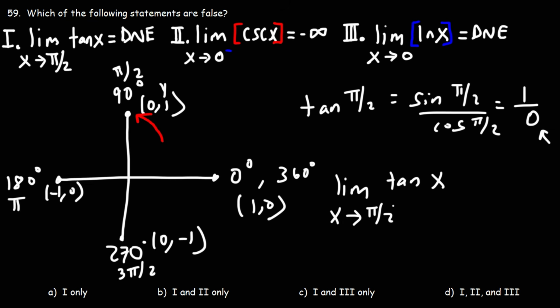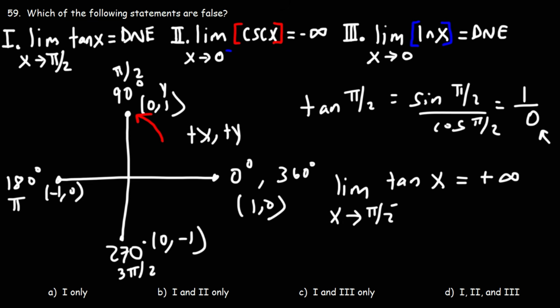Now we want to approach 90 degrees from the left. So that means we're approaching in quadrant 1. In quadrant 1, x and y are positive. So what that means is this is going to go to positive infinity. In your calculator, first you want to make sure your calculator is in degree mode.